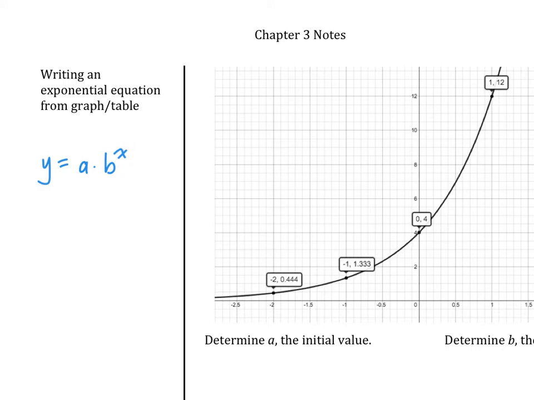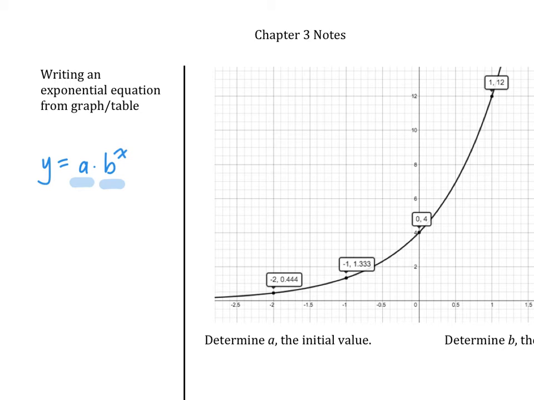For example, this one here, you have 4 points. In order to create this equation, y and x obviously have to stay, because if they don't, you don't really have an equation. So the only two variables you really need to figure out are a and b.